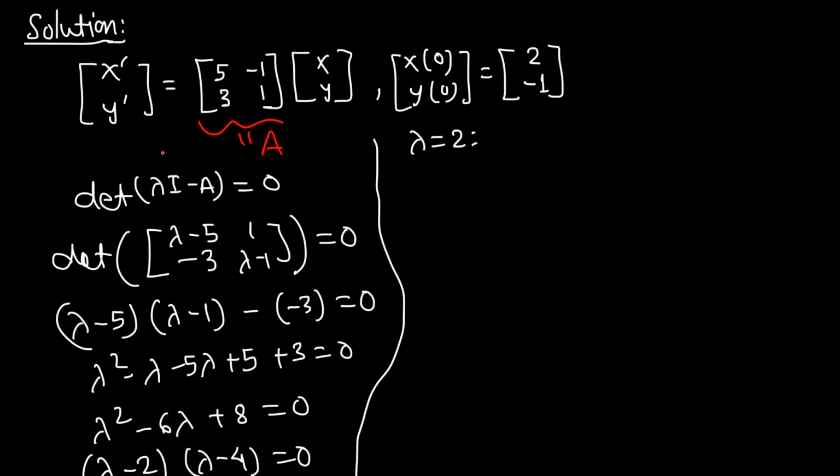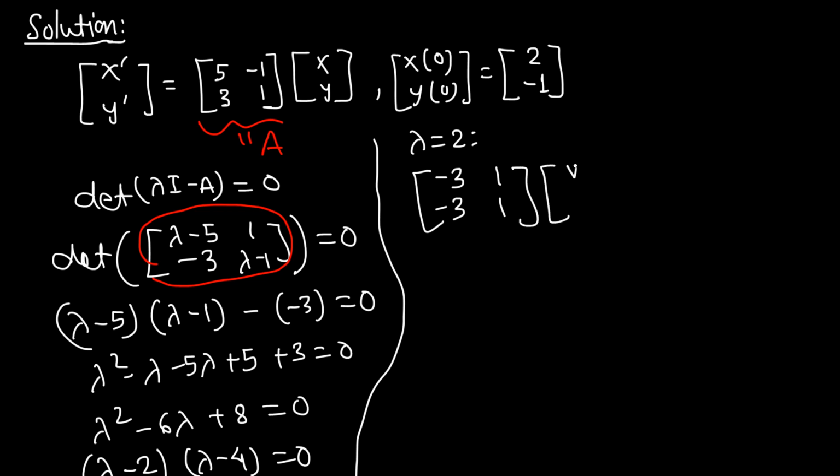So we go back here and solve lambda I minus A, V equals 0. So plug in lambda equals 2. So 2 minus 5, negative 3, 1, negative 3, 2 minus 1, 1. Okay, that times the unknown vector, let's say V1, V2, equals 0, 0.